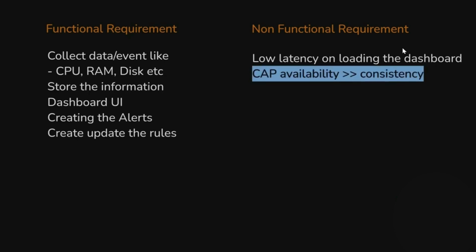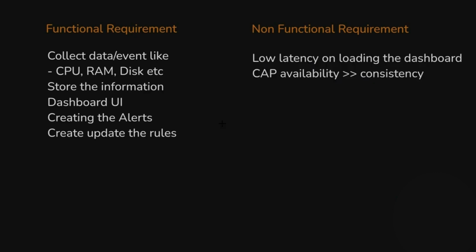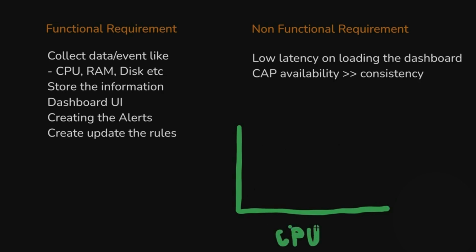What does that mean is, what kind of dashboard it would be. Let's say this is the graph we are showing in the dashboard, and we are talking about the CPU utilization for a specific server.